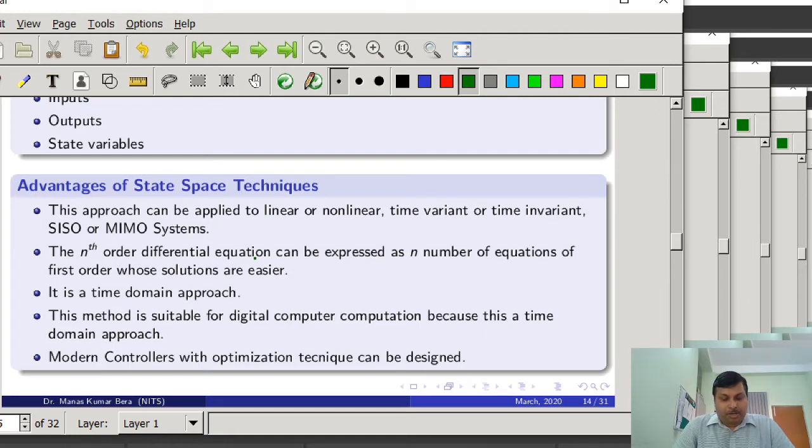Here any nth order dynamical system can be represented by an nth order differential equation.